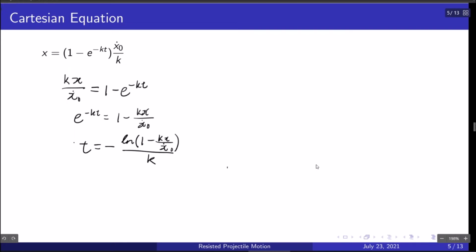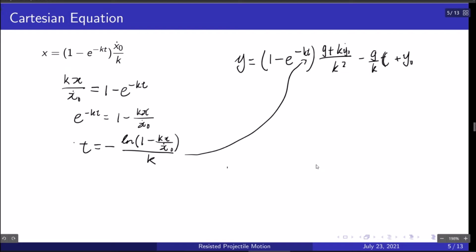Okay, and then what you need to do is substitute this expression into what we have as y: 1 minus e to the power of negative kt, times g plus ky dot naught over k squared, minus g over k times t, and then plus y naught. So you substitute into where the t is.